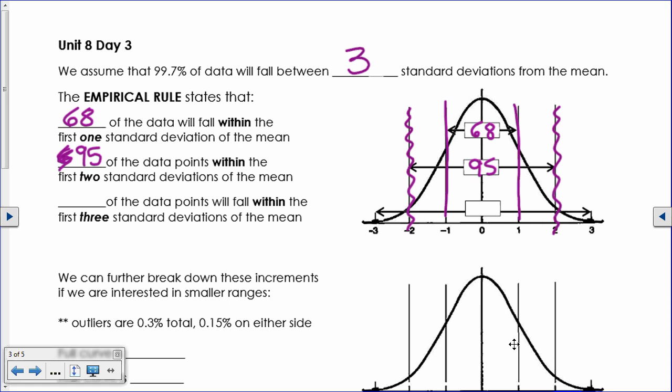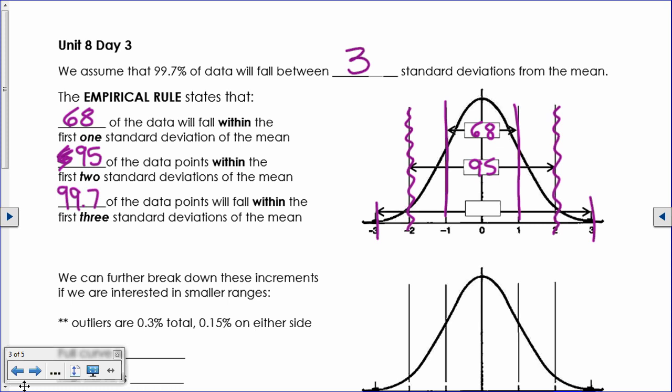So 68% is within the first standard deviation, 95% is within 2 standard deviations. If you go out to the 3, that's 99.7%.